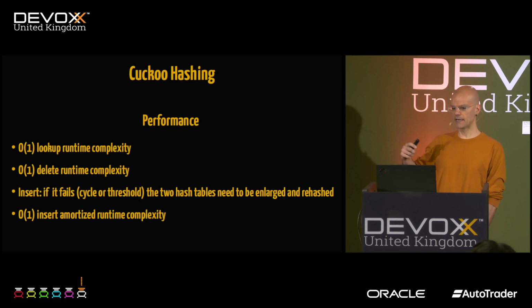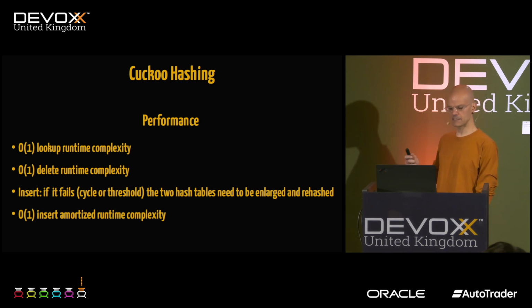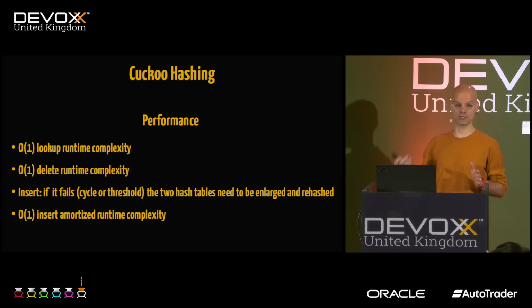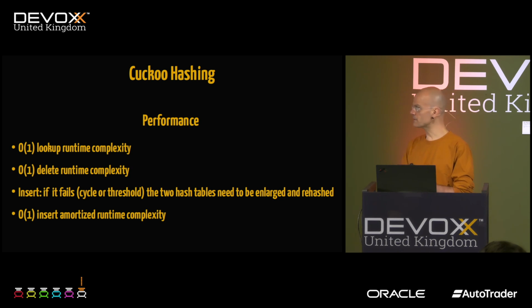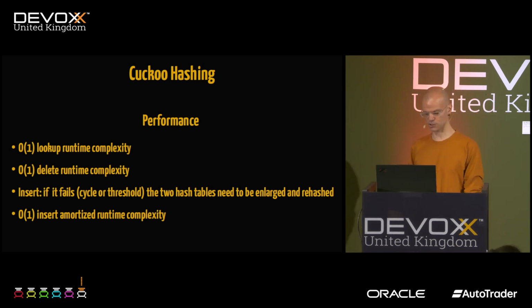Or maybe we can have a threshold which we don't want to go over because it takes too much time. Then in these cases, we need to enlarge the arrays and rehash everything. But despite all the extra operations, the amortized runtime complexity of insertion is still constant. And this is for Cuckoo hashing.